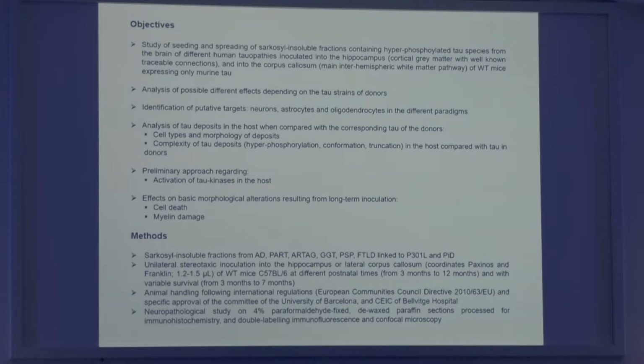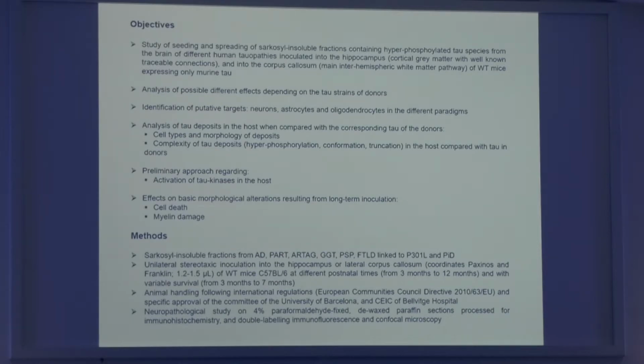We have used sarcosyl-insoluble fractions together with sarcosyl-soluble fractions of a large number of different tauopathies, 4R, 3R, primarily neuronal, primarily astrocytic, combined 3R, 4R, to know what happened with different particular strains, tau strains, in the different models of the different diseases.